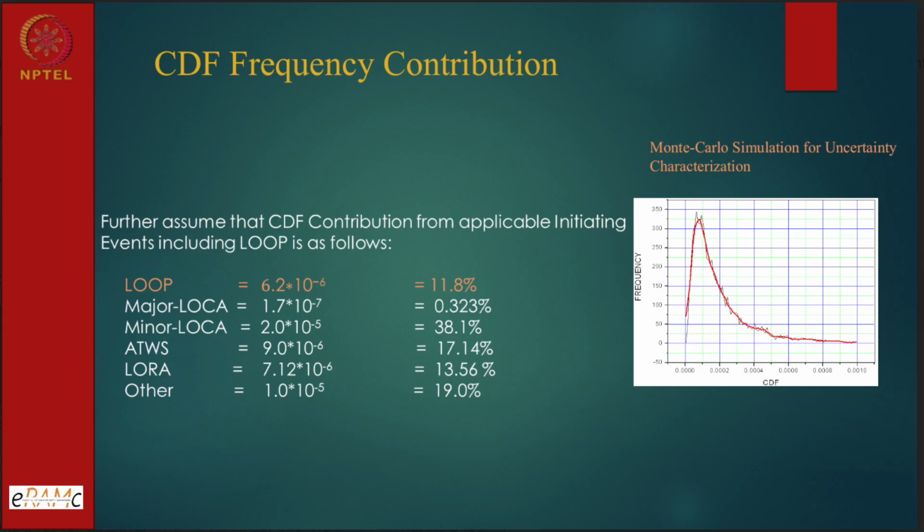So in short, Monte Carlo simulation is used to assess the uncertainty. So we get the median value, lower bound as well as upper bound. Here 5% makes the lower bound and 95% makes the upper bound, and this range is the 90% range. It is a 90% confidence interval.